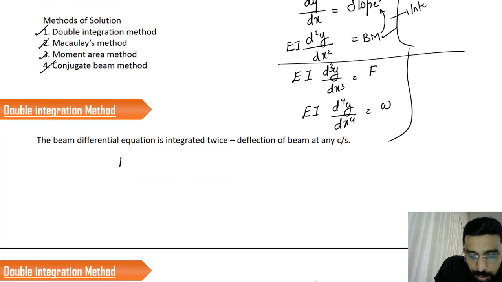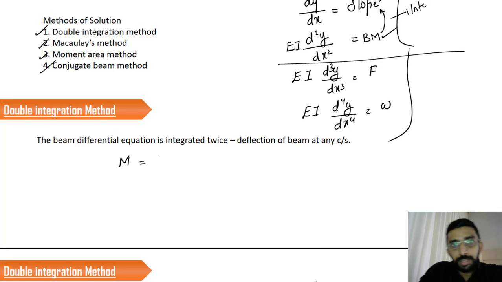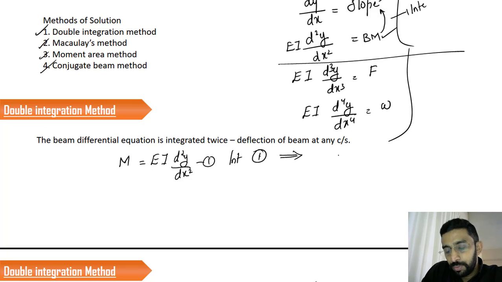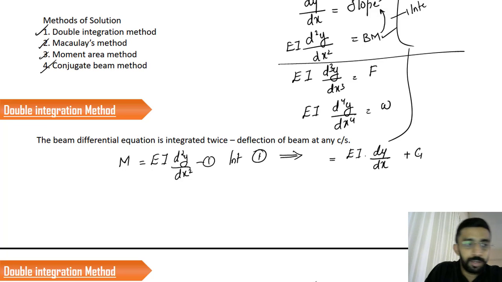If I consider the equation M is equal to EI into d square y by dx square, and if I integrate this equation 1, what is it going to give you? It is going to give you EI into dy by dx plus c1, right?